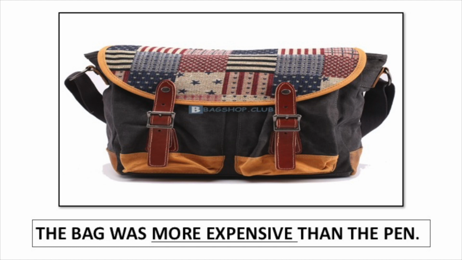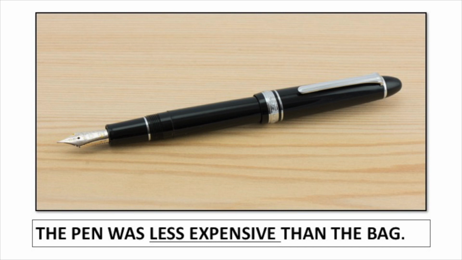The bag cost more money, so we say more expensive. Yes, that's how to use a comparative with more. But the other side, we could say the pen was less expensive than the bag. Yes, more than, less than.